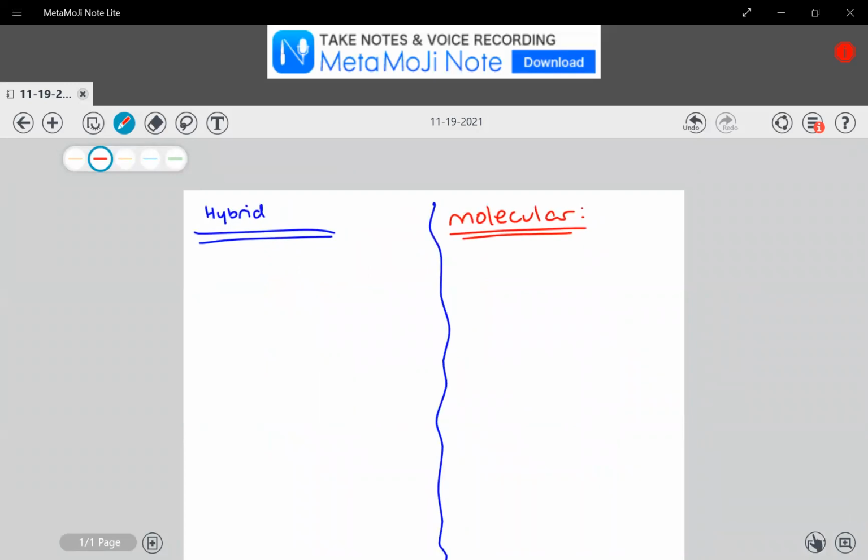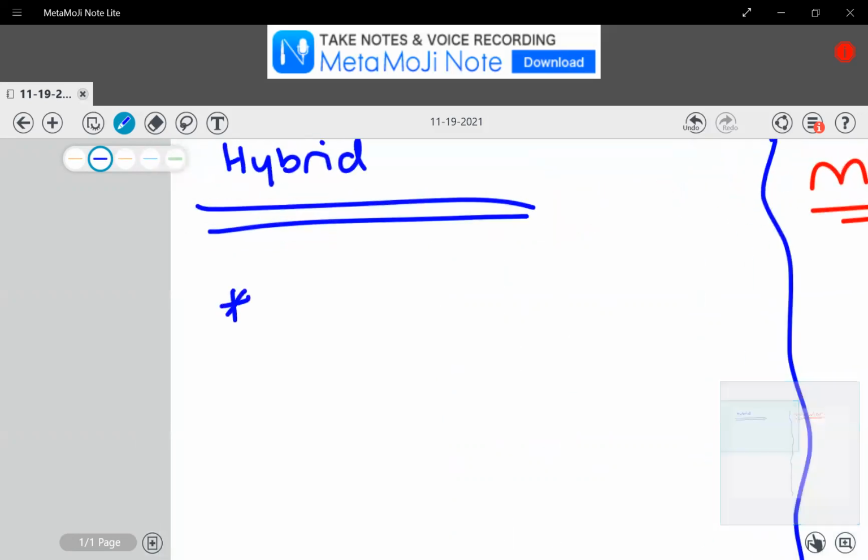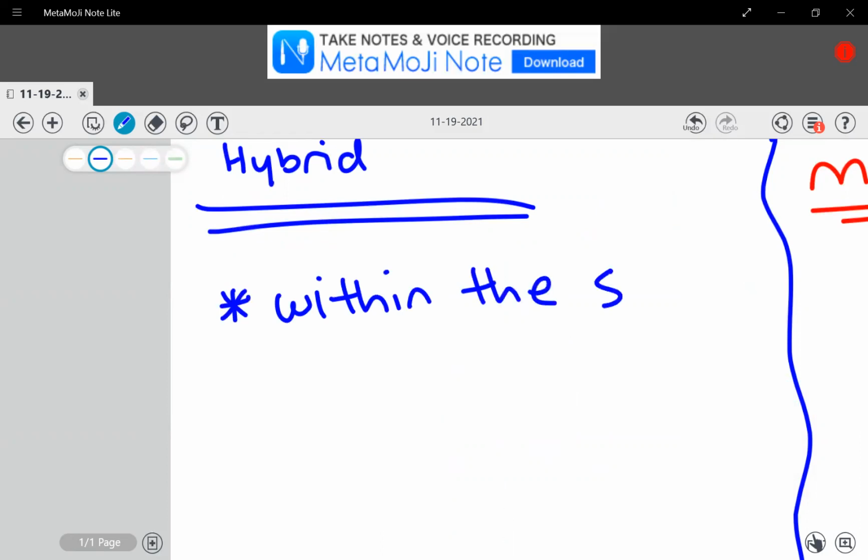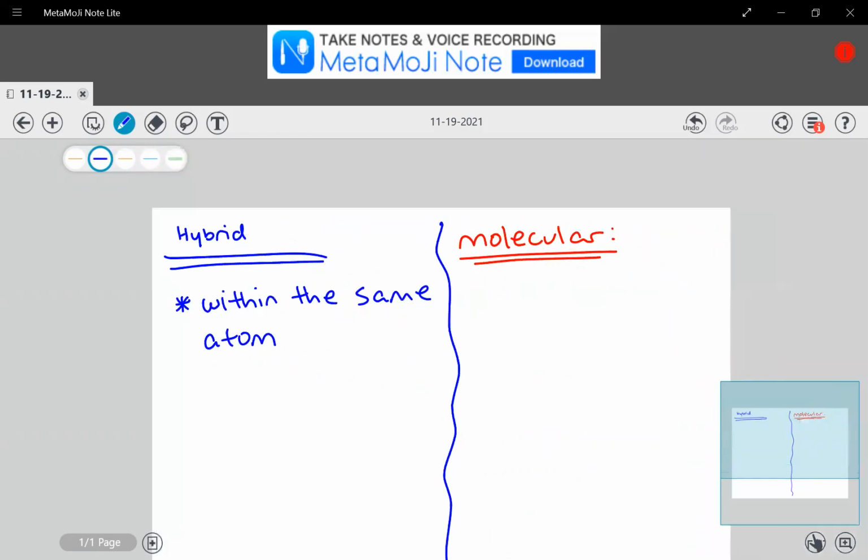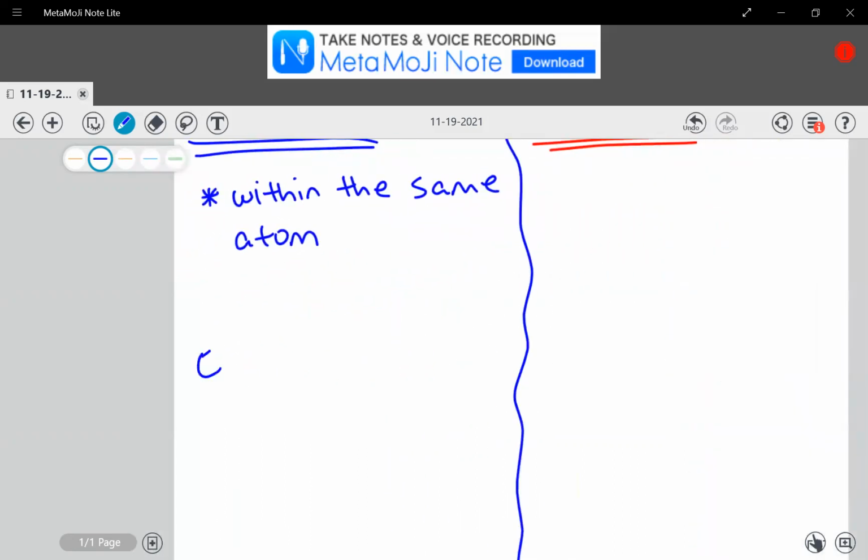So the first really big difference between these two is how they're formed. This is probably the most important difference between them. Hybrid orbitals are formed between overlapping orbitals within the same atom. Remember when I showed you guys that there's that energy level?